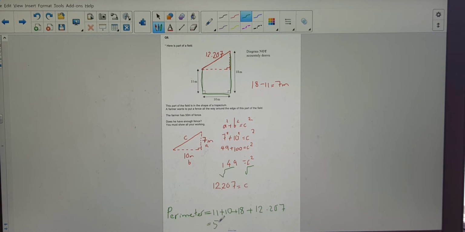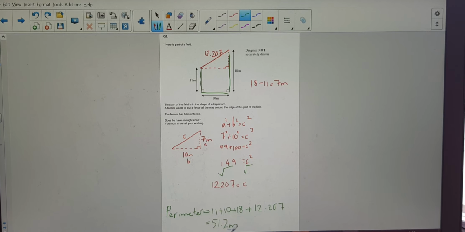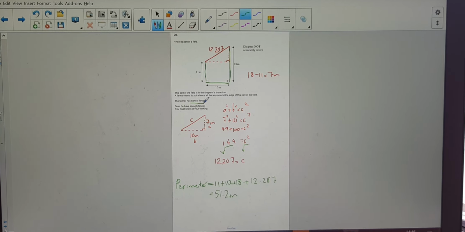Now, typically with these questions, the answer is probably not going to be a million miles away. 51.2 is very close to the 50 meters that was talked about.